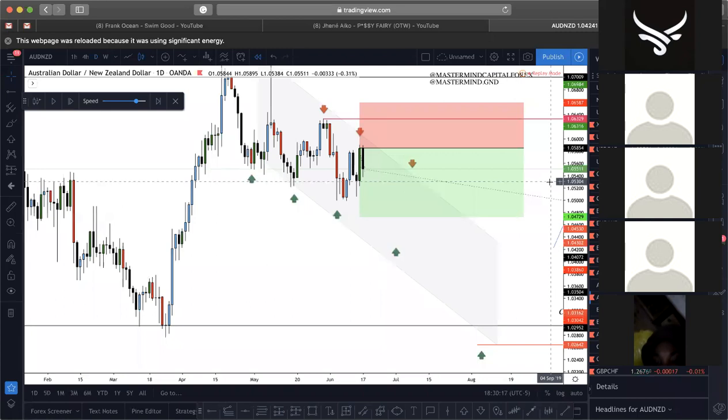Now, just based off knowing market structure and knowing this is a downtrend, you know that the market cannot come up and pass this lower high because it's a downtrend.